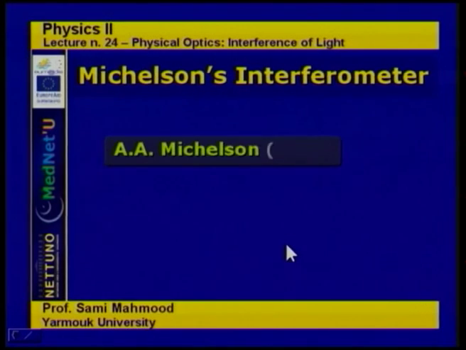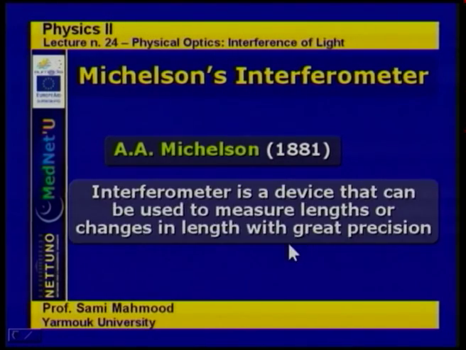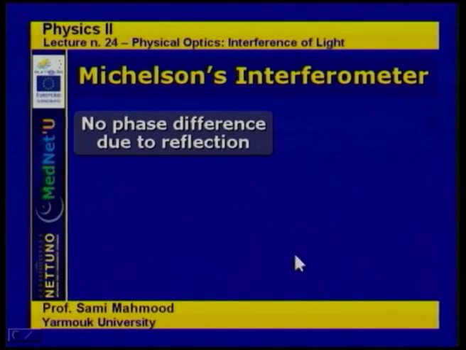And at this point, I would like to just mention quickly the Michelson interferometer. This is a device devised in 1881 by Michelson. It is a device that can measure lengths or changes in lengths with great precision and accuracy.